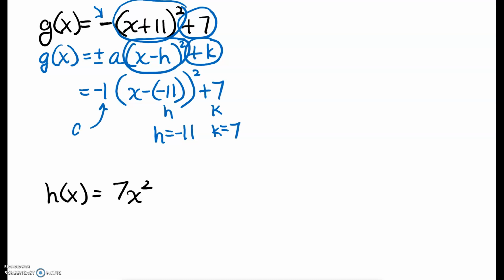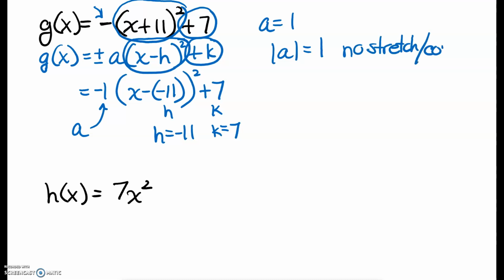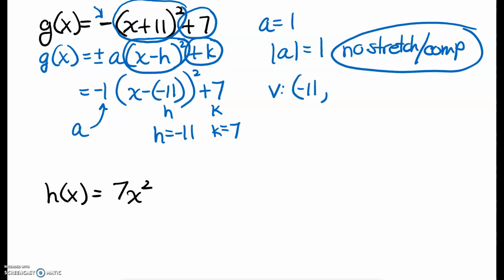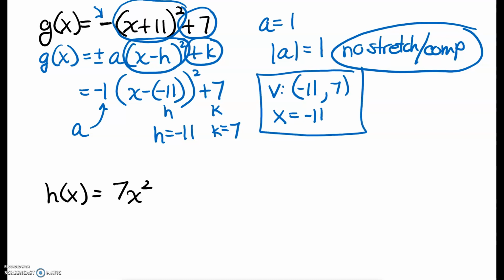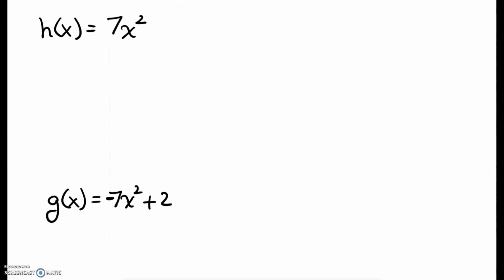That is a. So a equals 1. Well, if the absolute value of a equals 1, then there is no stretch or compress. So there is no stretch or compress for this one. My vertex is h comma k, negative 11 comma 7, and my axis of symmetry is x equals h, or x equals negative 11. Okay, I have 2 more examples and then we're done.